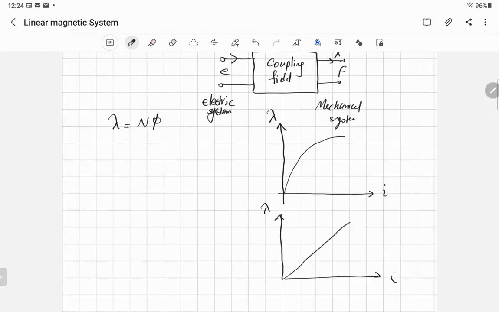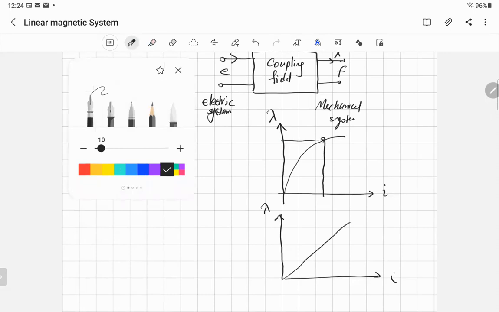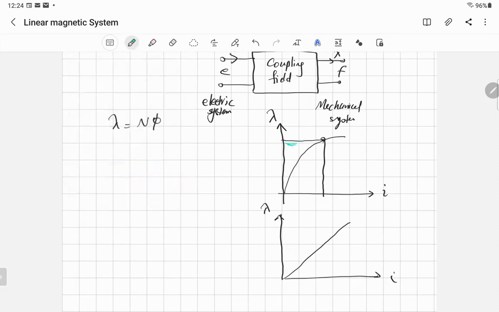So if you want to find the energy of the field and the coenergy at this point, we said that to find the energy in the field, you find this area, this green area. We call this area W_f, and you are integrating with respect to the lambda axis.